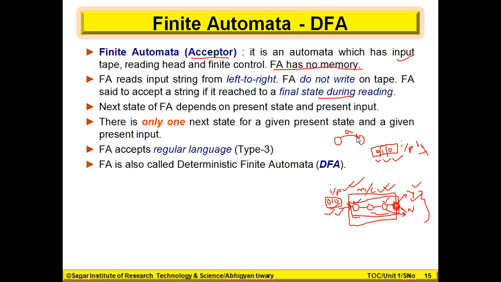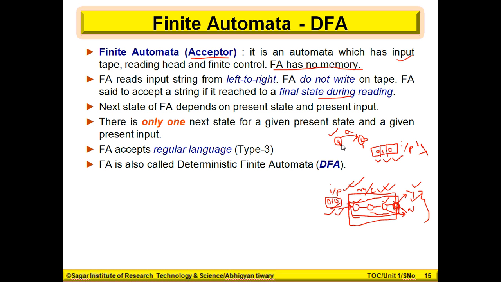Let us suppose this is a state Q, and after providing input A, we will move towards state P. So there is only one next state for a given present state and a given present input. In a state, if you give an input, we will have a next state, so there will be only one next state. Let us consider this one: in this state Q, if we provide input A, we will move towards P.